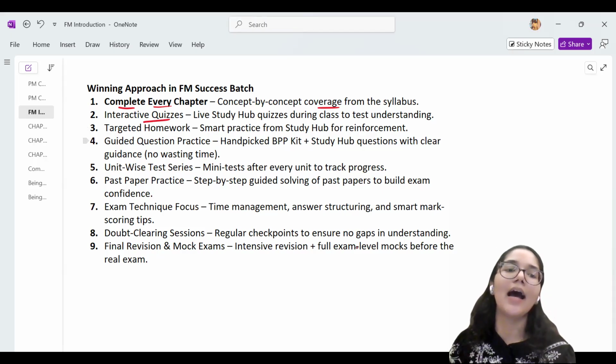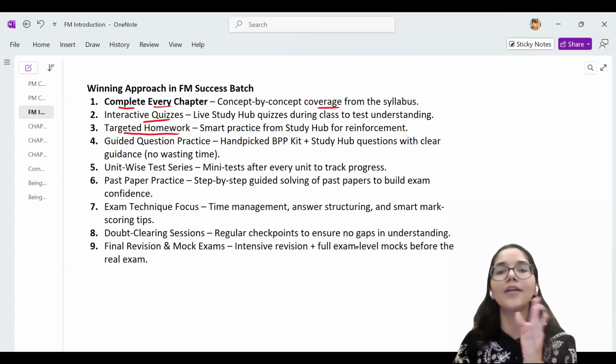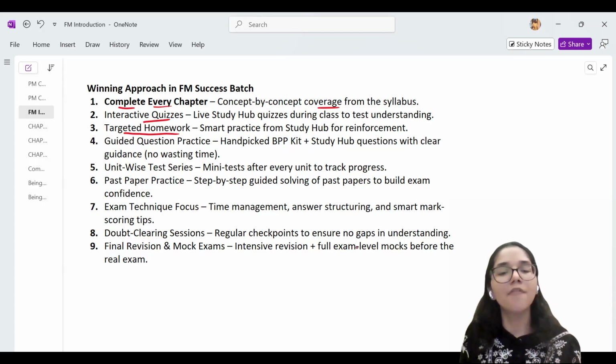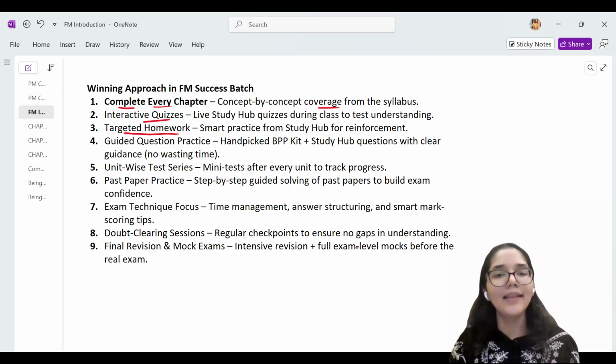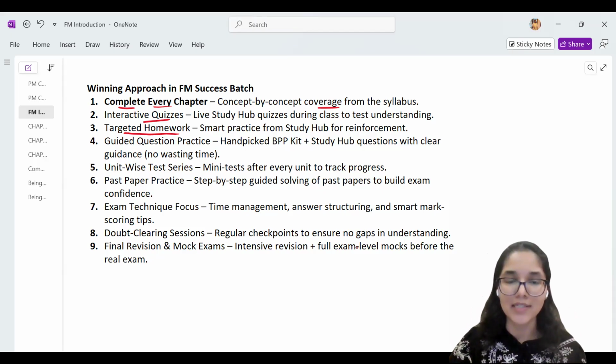Third thing is that I am going to give you a targeted homework. That means once we are done with the chapter in the class, as soon as one chapter gets finished, we do the quiz in the class itself. And then on the ACCA Study Hub, we have one more section, which is called the practice section. In that section also, we have the chapter-wise questions given.